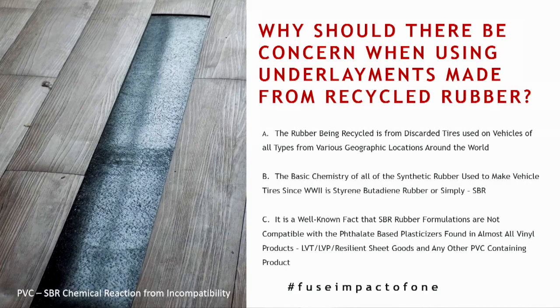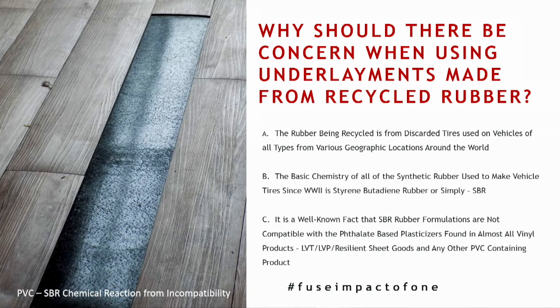Now, here we get down to the basic chemistry of all synthetic rubber used to make vehicle tires since World War II: styrene butadiene rubber, or simply SBR, as it's known in the trade. I want to mention this here, and I'll mention this again.